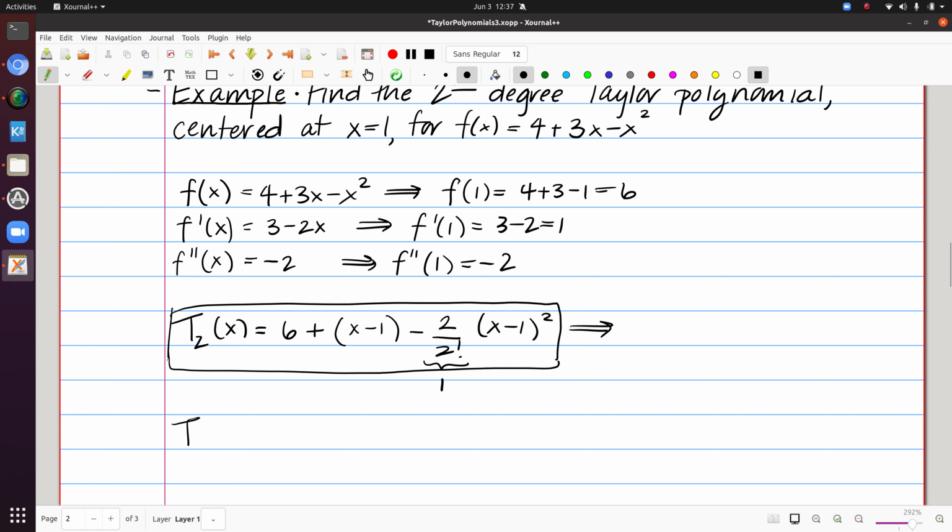But we can simplify. So I've got 6 plus x minus 1 minus, what do we have in here? It's going to be x squared minus 2x plus 1.